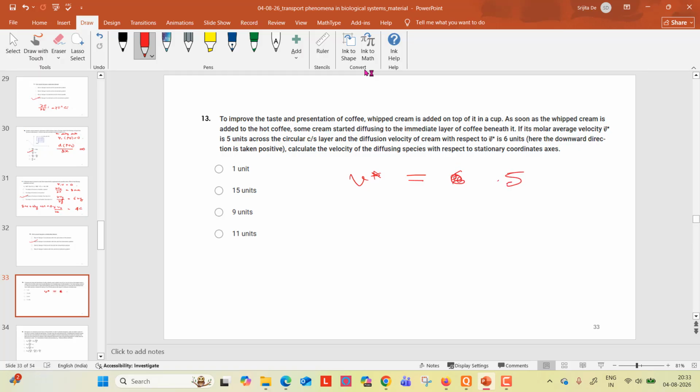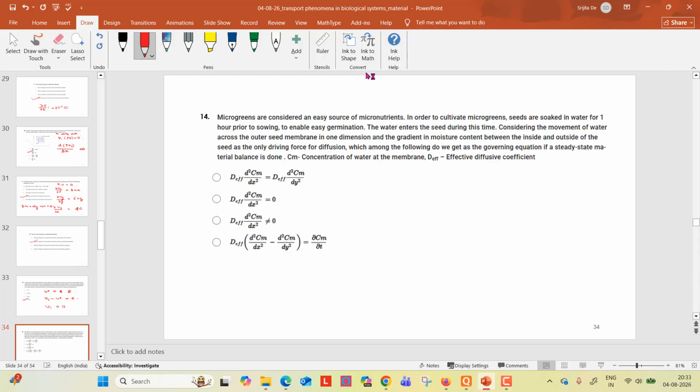And the diffusion velocity of cream with respect to V star is 6 unit. That means Vi minus V star equals to 6 unit. Calculate the velocity of the diffusion. Vi will be 11 unit. Next.